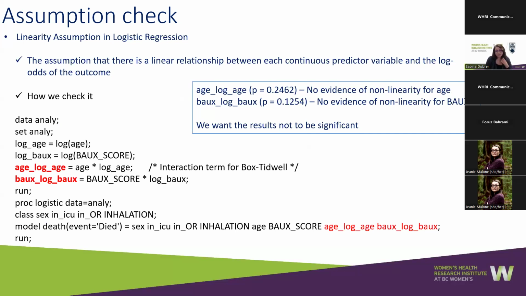You create the variable log of age, and after that you create a variable where you multiply age by log of age. It's called the interaction term for Box-Tidwell, but it doesn't matter. Then when I run my logistic regression, I put in everything that I included before, but I also add age multiplied by log age and Bow's index multiplied by log Bow's index to see what I'm going to get.